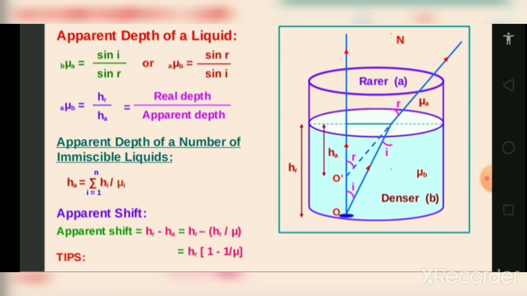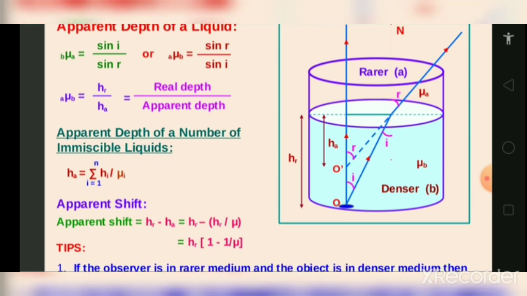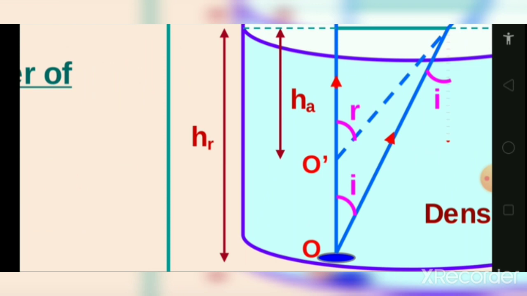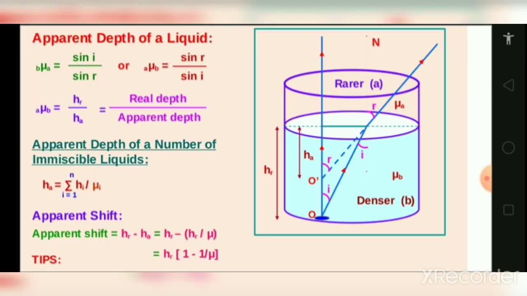Now see, you can see on the screen that this much distance is different. That is the change between the actual and apparent image. You can think that there should be a change with respect to the observer, real depth and apparent depth.